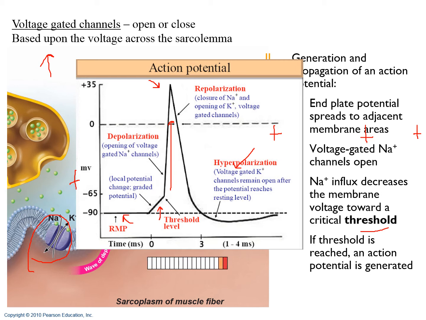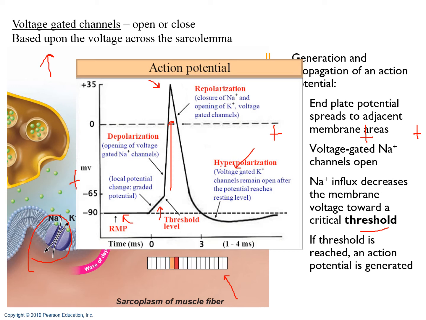This is going to happen again like the wave. So one part of the membrane becomes positive, and then an adjacent part becomes positive, then an adjacent part to that becomes more positive, so on and so forth till we get down the cell. So this little animation here is supposed to represent that.